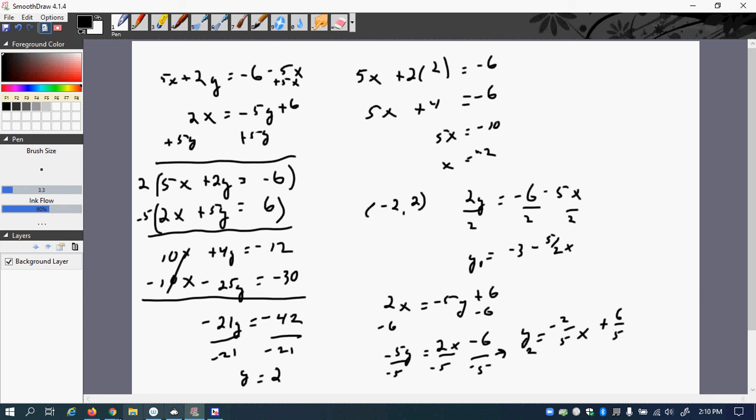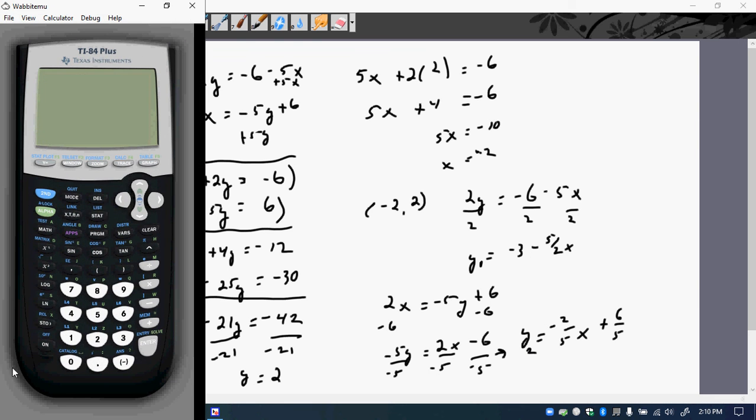So let's go ahead and graph that. Alright, so I'm going to go to y equals, clear these two equations out. Okay, put the first one in, which was, where did I put it? Here it is right here. Here's the first one. So negative 3 minus 5 divided by 2x.